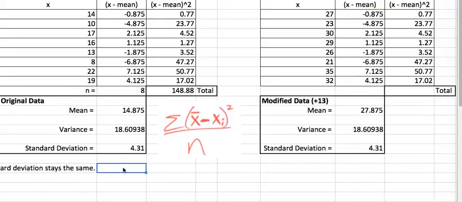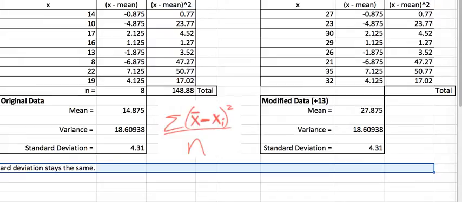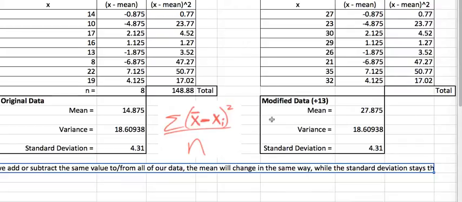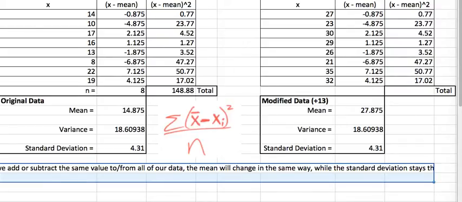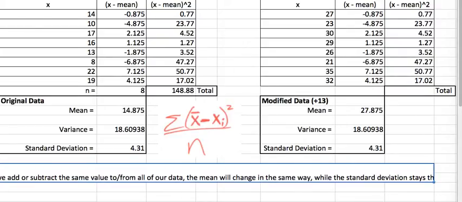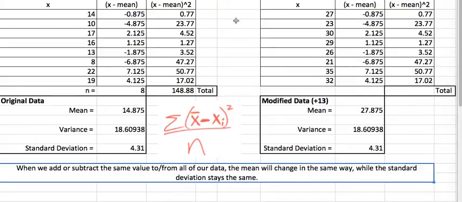Okay? So let me do this so you can see it. There we go. So there's our rule. When we add or subtract the same value to or from all of our data, the mean will change in the same way while the standard deviation stays the same.